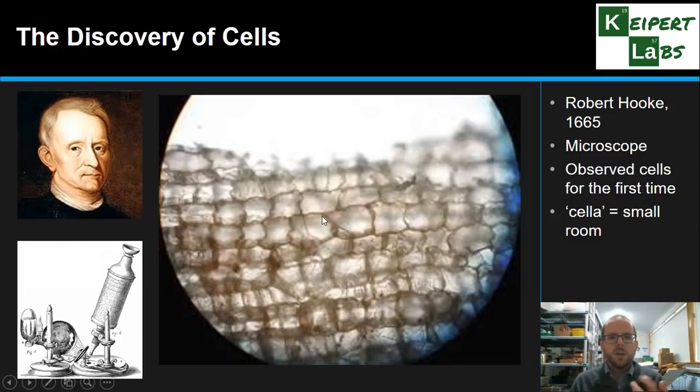It's the same reason that we call them cells in jail, these small contained rooms of a building. This cella is also the basis of the name of the sides of a honeycomb that bees would build. And so cells were named and discovered for the first time.